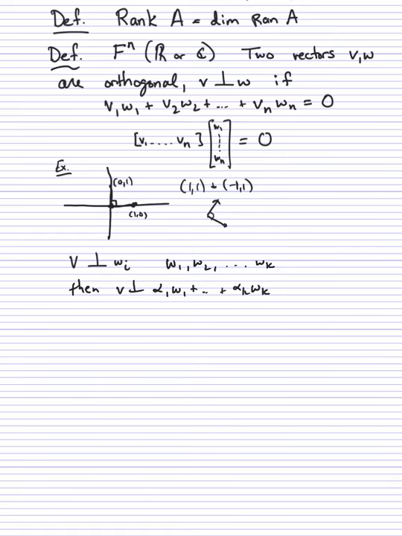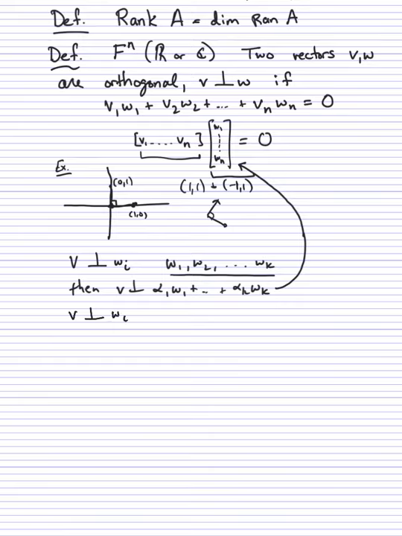In other words, you take any vector in the subspace generated by the W sub i's, and if V is orthogonal to all of them, it'll be orthogonal to every vector in that subspace. It follows immediately from the definition and expanding things out. If you put a linear combination of vectors here and then apply this as a linear transformation, if you're getting 0 for every vector, this linear transformation will give you 0 for the sum.